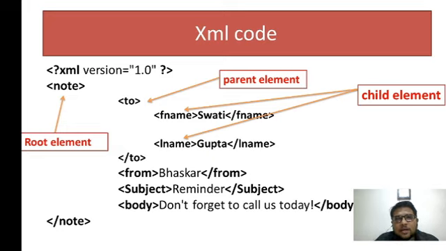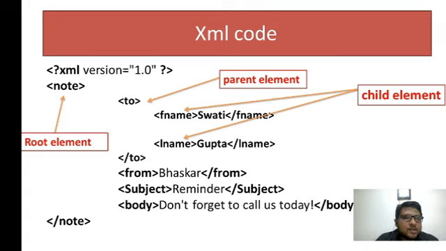Because it has two child elements, f name and l name. Again, note is the root element. Every XML code should have a root element. It can have a parent element, but if it has a parent element, it should have child elements too, and the rest are also XML elements only.